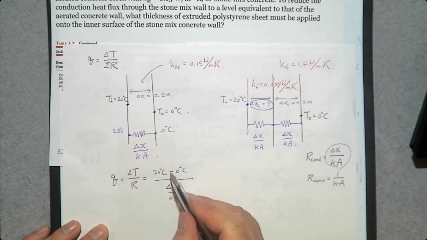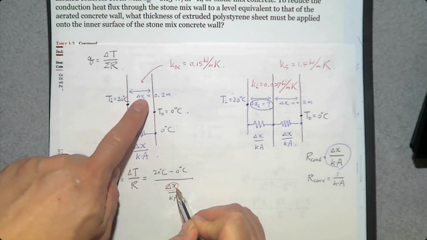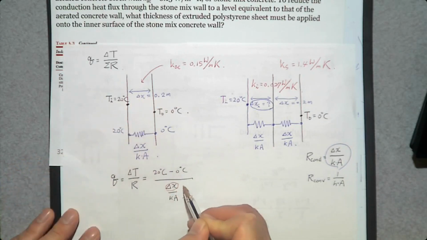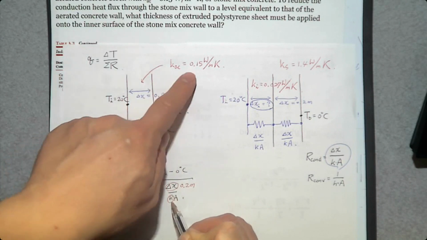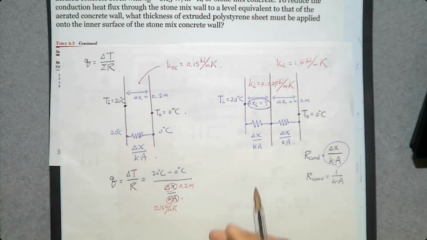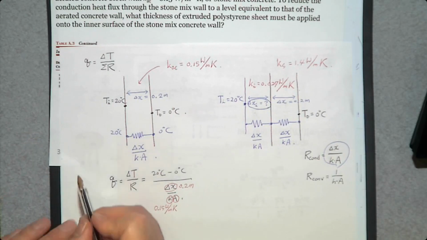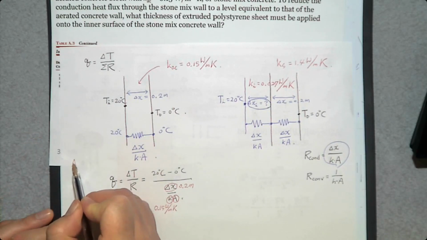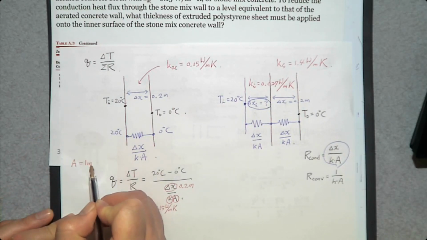In this case, delta X is going to be the thickness of this wall, 0.2 meters. The thermal conductivity is 0.15 watt per meter Kelvin. And we can consider the unit area. So we are going to say area is going to be the unit area, 1 square meter.